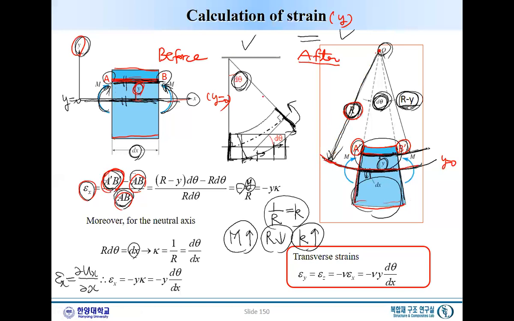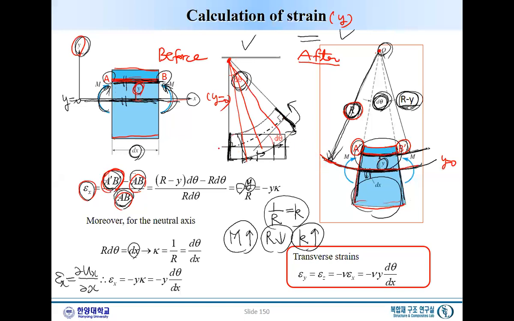So every point, once we deform, every deformed shape is passing through one common point, which is the center of the radius.